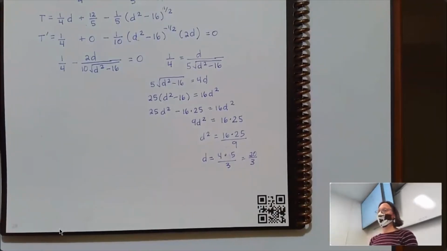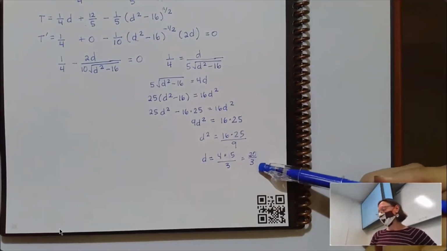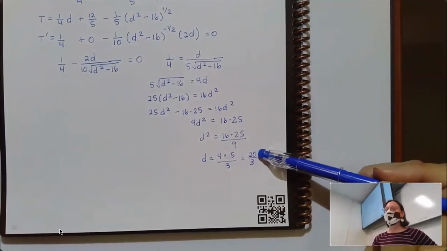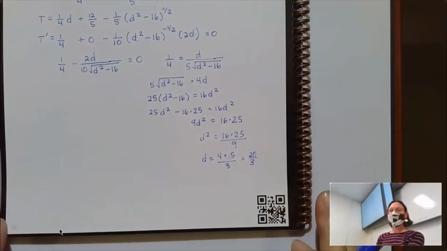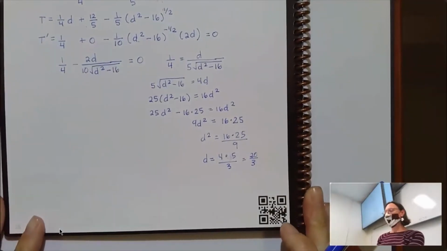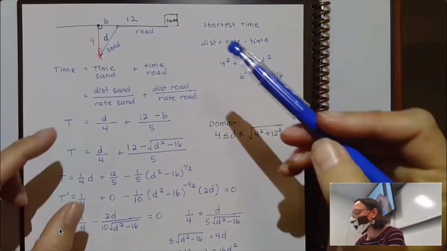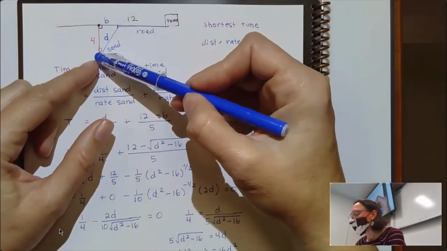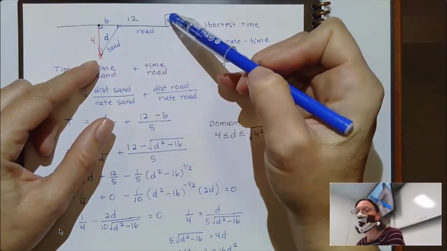I don't know exactly what the value of 20/3 is, but we can kind of fake it. 18/3. Oh, how about 21? 21/3 would be 7. So it's a little bit less than 7. So if we go back to our picture, we're saying that we're going to aim for this distance to be about 7, and then we'll walk the rest of the way on the road.